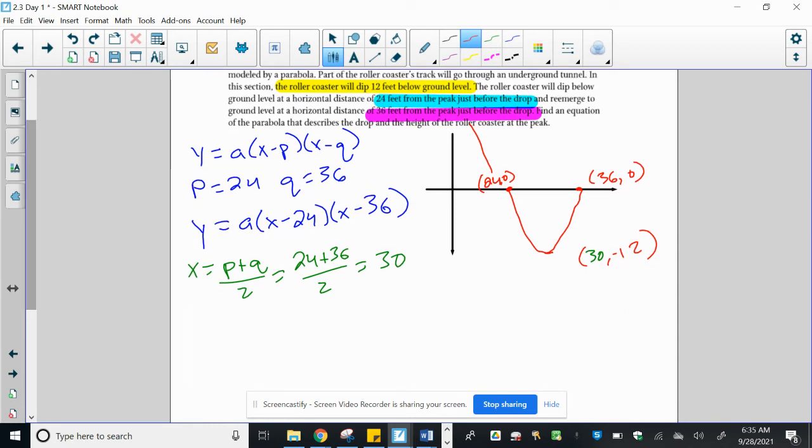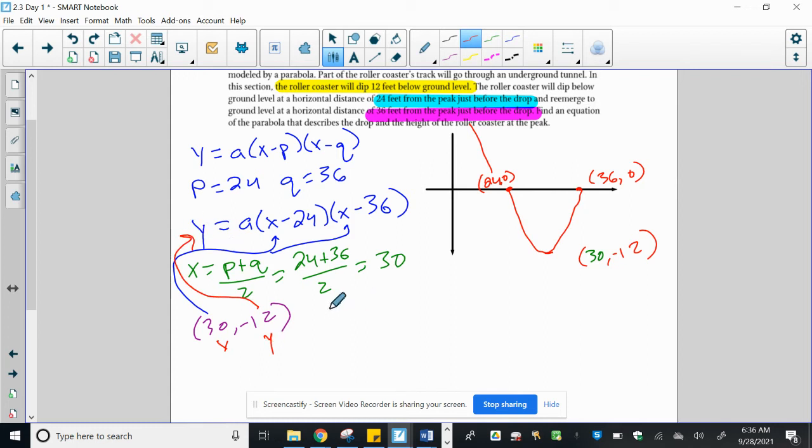All right, so now we have this point, 30 comma negative 12, that's acting as our vertex. So that can act as our x and y. If we need to solve for a, knowing that this point is on this parabola, we can substitute in 30 for x and negative 12 for y. That's going to allow us to solve.